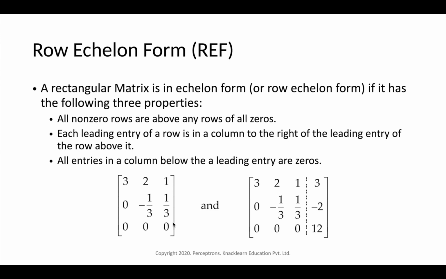So this is called row echelon form. We can perform elementary row operations on any given matrix by converting it to an augmented matrix, and we can get the echelon form out of that. Once we bring our equations to echelon form, we might be able to find a solution for the same.